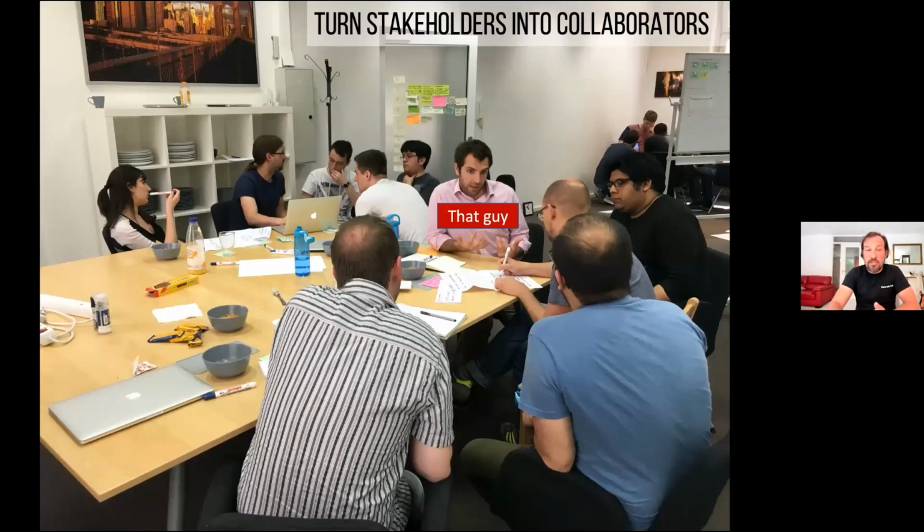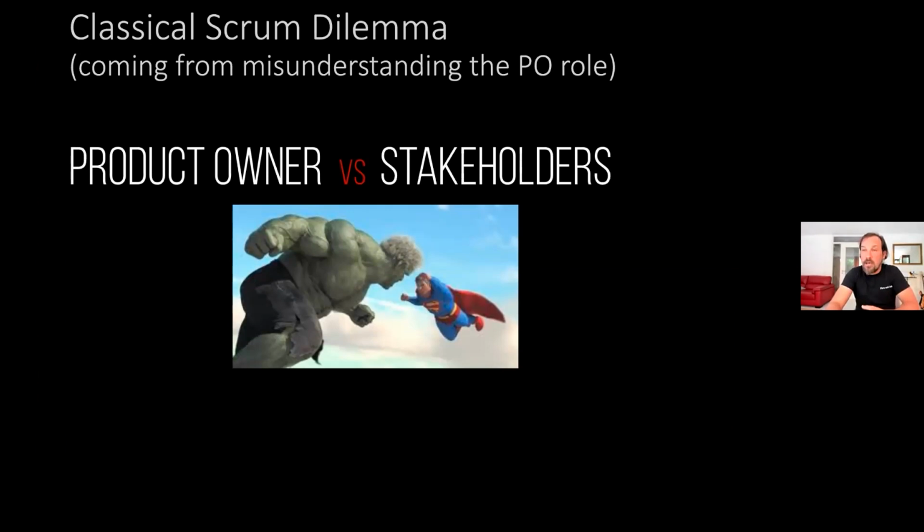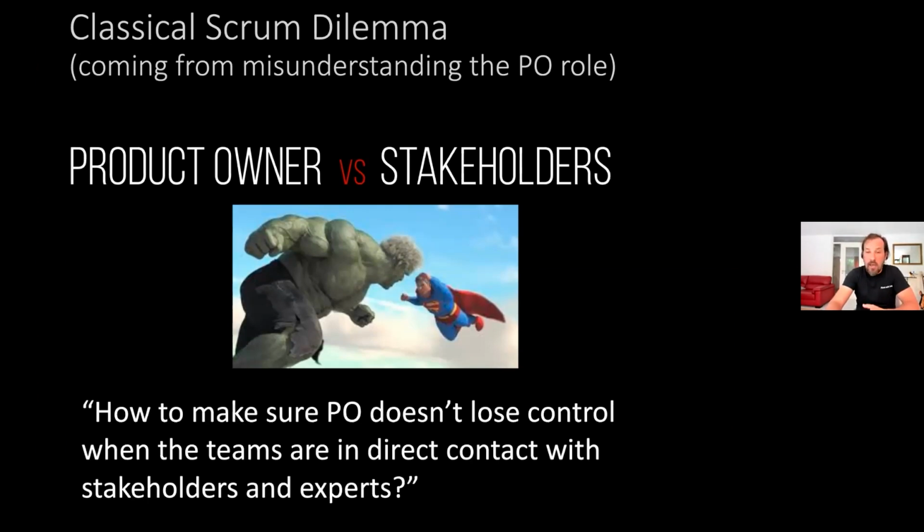But then the question is, okay, how is the product owner not losing the grip and how is she not losing control when the teams are in direct contact with clients and experts? And maybe they will be losing some of the control, but maybe that's also good, right? Because this is kind of decentralization of the process. The more people are involved, the more people are in control, the better is the control.